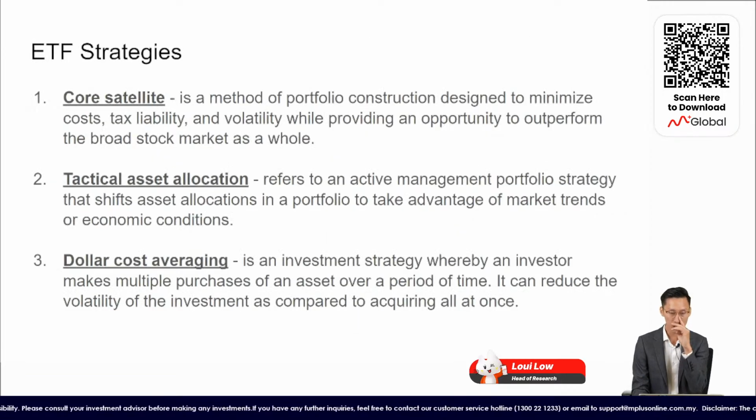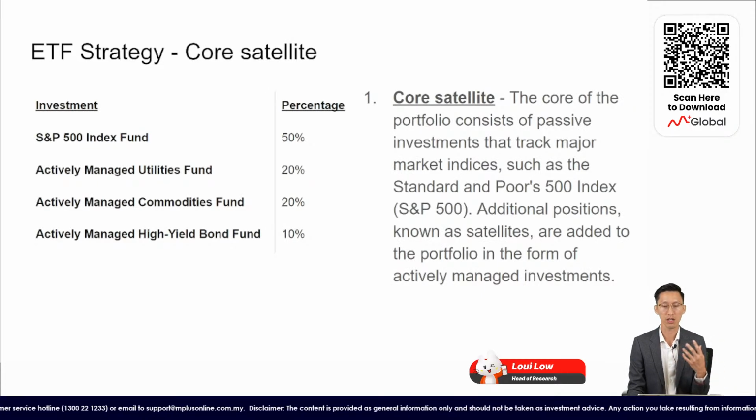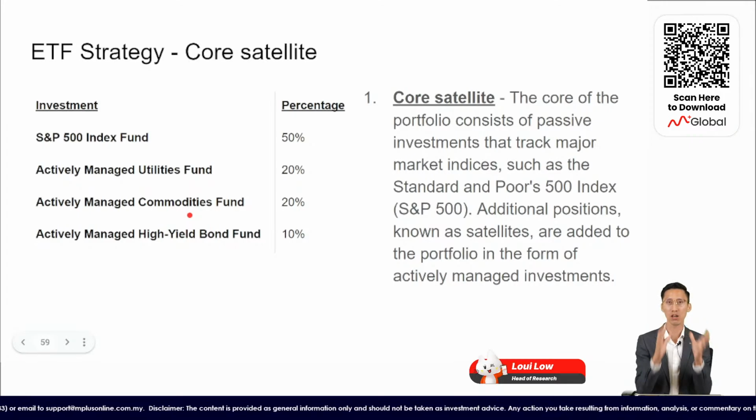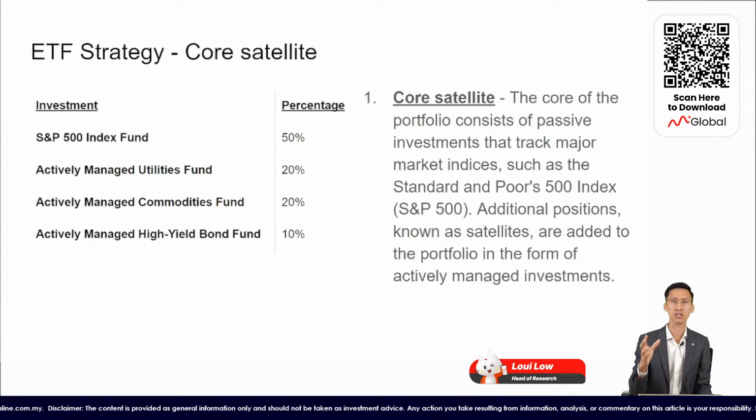Okay. So I just want to mention some of the strategies that people use. How do they use ETFs? Maybe a core-satellite kind of strategy, or maybe tactical asset allocation, or maybe they don't have any view on the market, so they would do dollar cost averaging. Let me explain in more layman terms. For instance, Warren Buffett likes Apple.